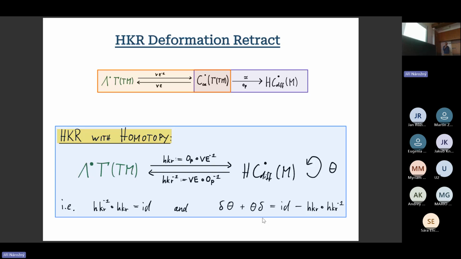Okay, so one way to see that is, we have on this side the Gerstenhaber bracket, and one way to view what you just mentioned would be to use the homotopy.